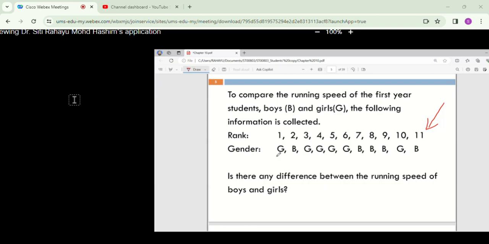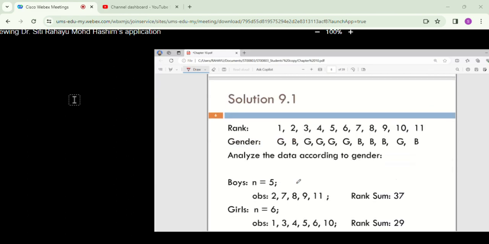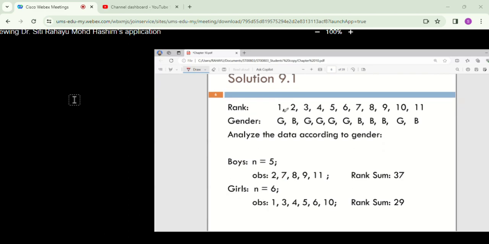Okay, and then let's say the first one, kita ada 2 group, boys and girls. So in ascending order, we have this. Okay, all right. So now we want to find any difference between the running speed of boys and girls. What we will do is we will regroup the rank into boys and girls. So we have 5 boys.